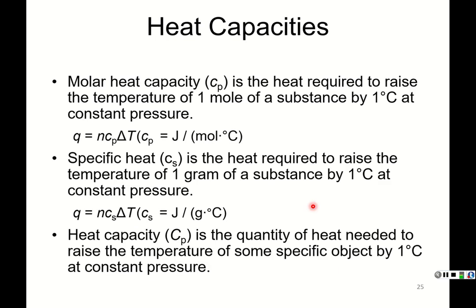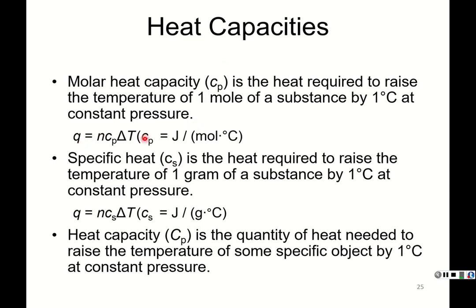Heat capacity is a term we talked about. There are different types. You can have it in terms of moles, the molar heat capacity, small c sub p. You can have it in terms of mass, which we refer to as a specific heat, or small c sub s. Those can be used interchangeably.